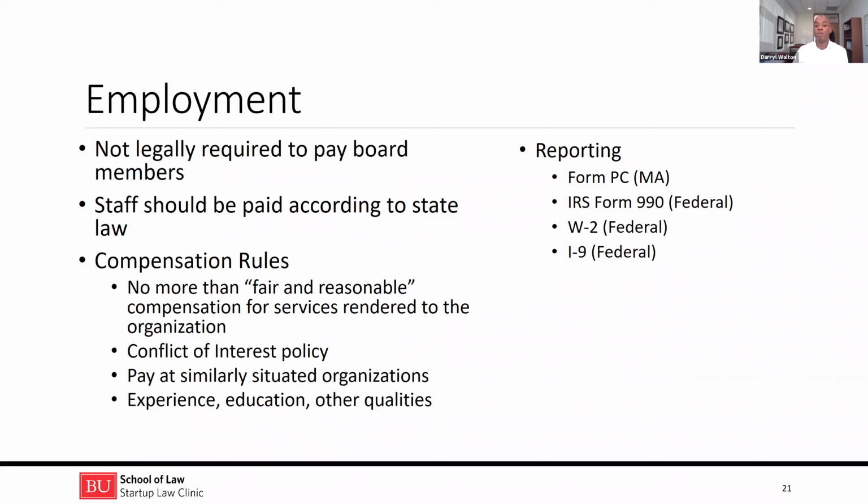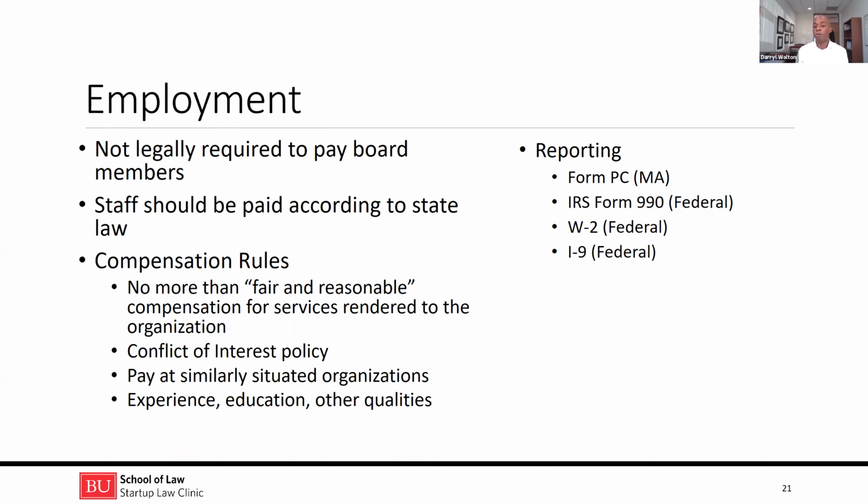Ways to look at that are to identify what similar organizations are paying, what similar roles pay in both the for-profit and nonprofit environments, and then base it on a person's experience, education, and other qualities. Also, when you're making these salary decisions, take into consideration your conflict of interest policy, making sure that people whose salaries you may be voting on aren't involved in the decision-making process, so that it's fair and they're not placing any undue influence on that.